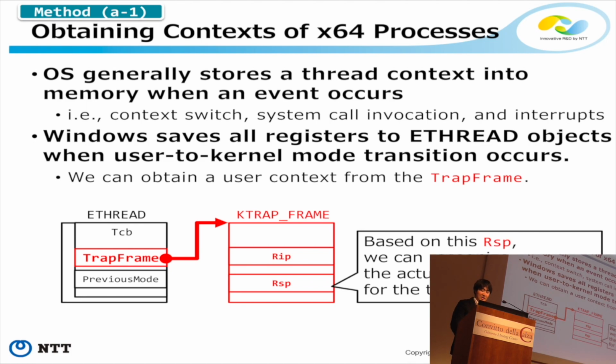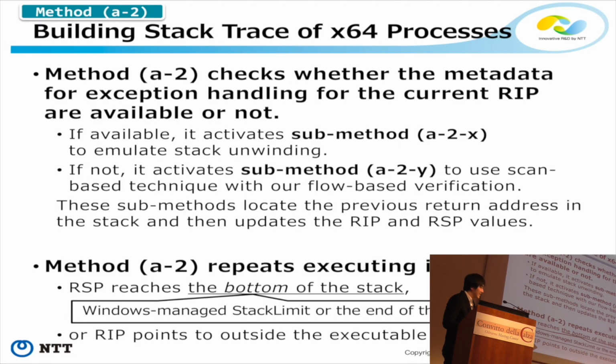When these events are triggered, the user context is saved into memory. Windows also saves all registers to each thread object when a user to kernel mode transition occurs. So we can obtain a user context from this trap frame structure.